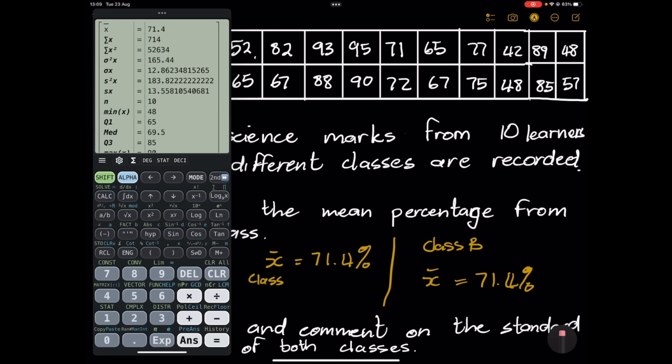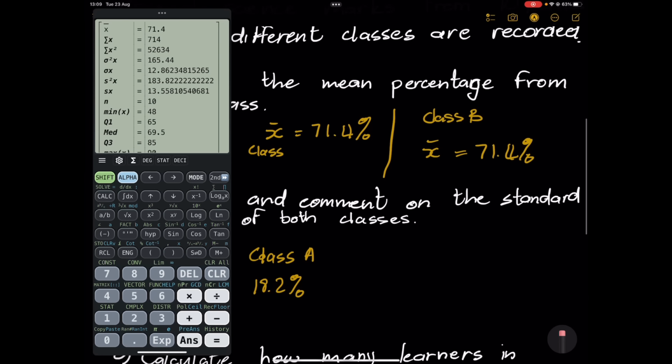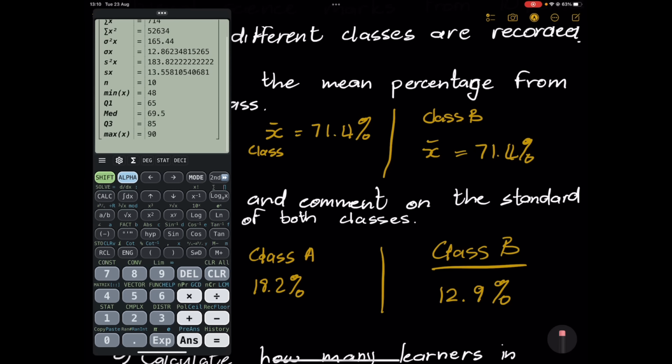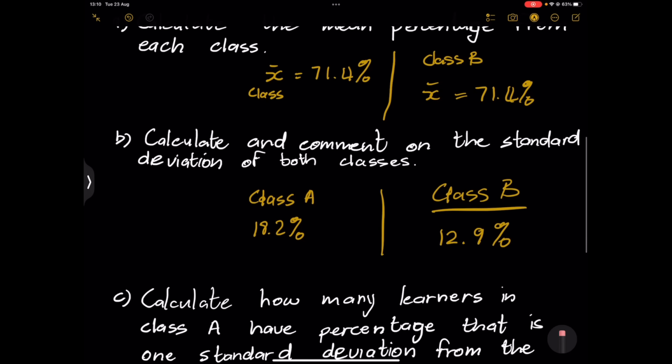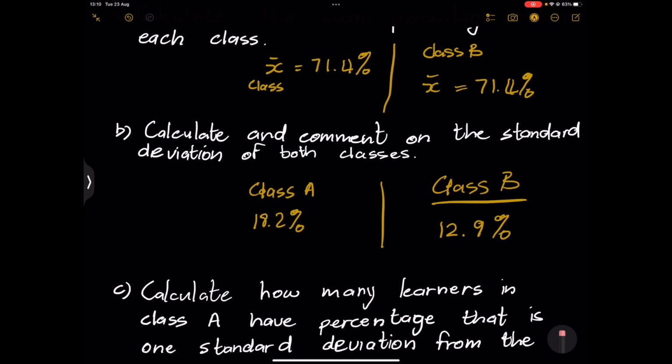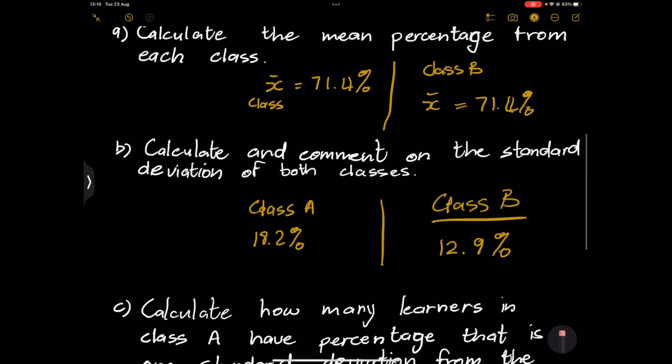Now, when I look at my standard deviation for class B, I see that it would be 12.9. Of course, if you wanted to find all the other values, you can still do that. In your case, you would have done that quite differently in your calculator, but I showed you that earlier on.